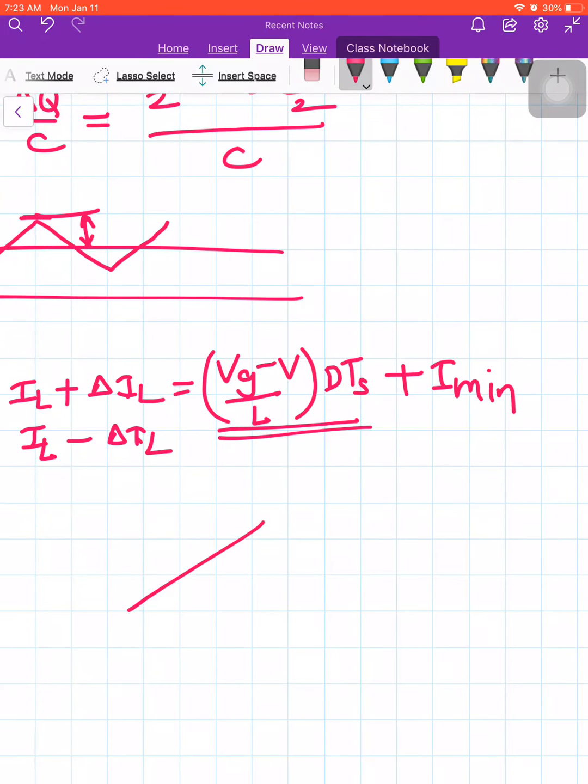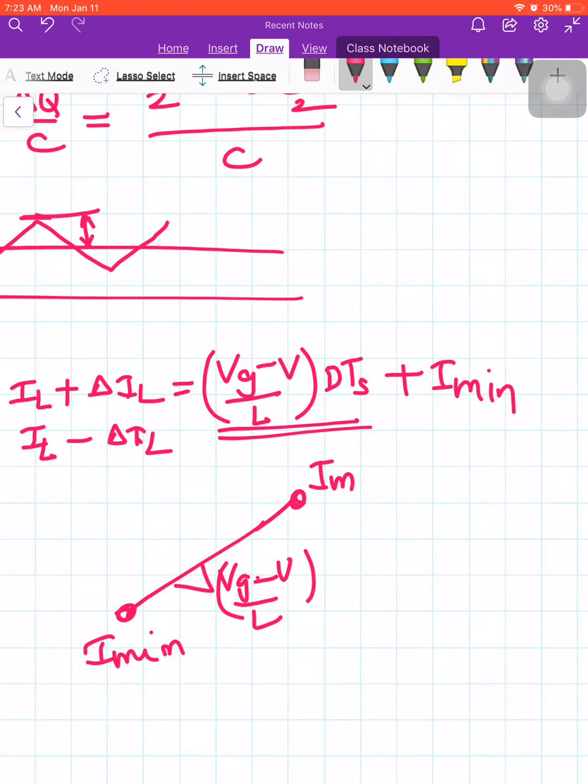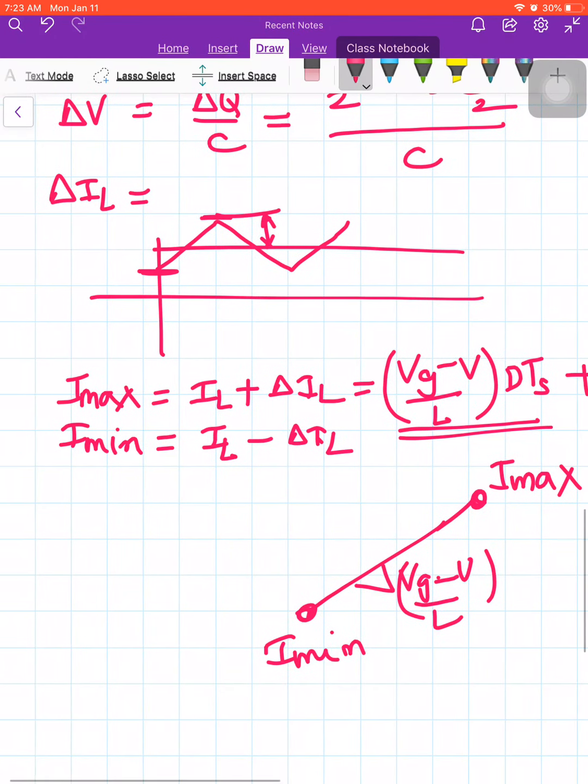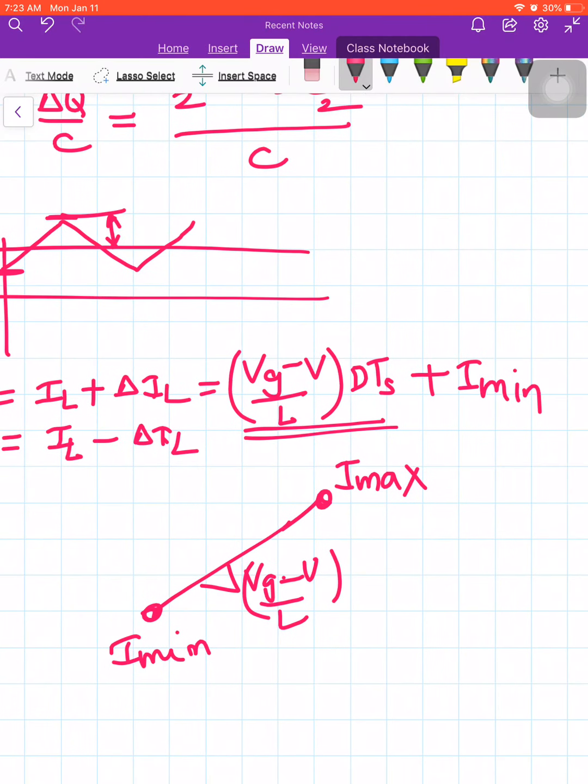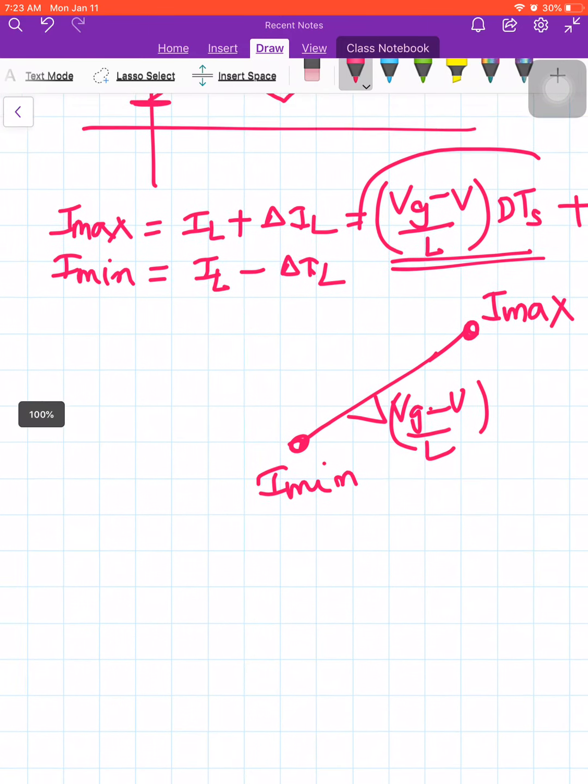Because it is starting from Imin, and with this slope of Vg minus V by L, it is going to Imax. So Imax is equal to this particular rise plus Imin. So what do we want here?